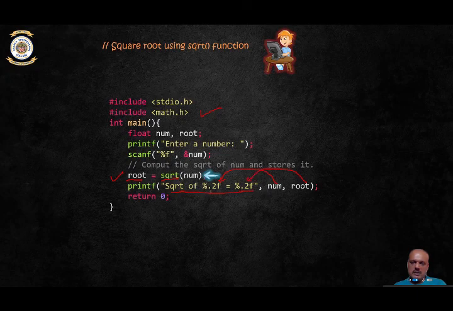The %.2f says that I want to print out whatever has been calculated up to second decimal precision. Suppose the number given was say 3.333. What gets printed out is just 3.33, up to second decimal precision.